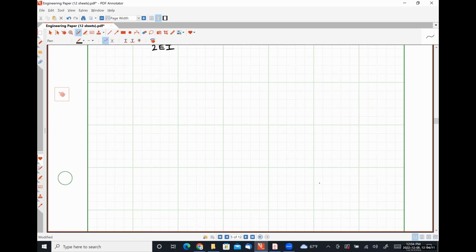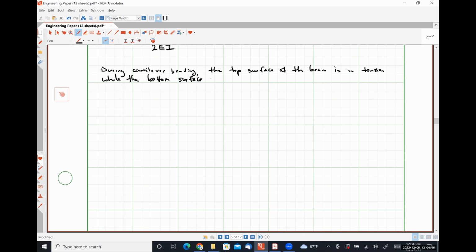So during cantilever bending, the top surface of the beam is in tension, while the bottom surface is in compression.